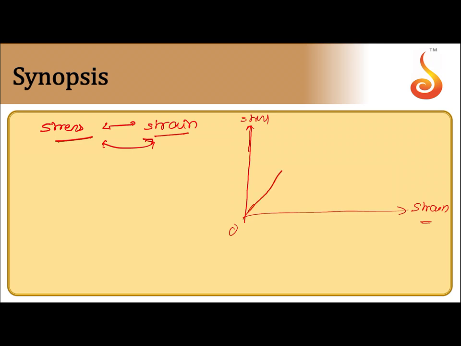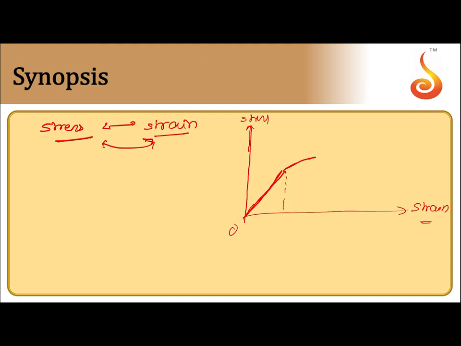At the beginning the curve is linear, that means within a certain limit the stress and strain are directly proportional to each other. Afterwards, the stress and the strain are not directly proportional to each other.